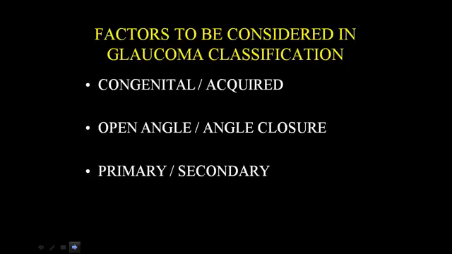And why is it important to detect glaucoma at an early stage? Because the vision loss in glaucoma is irreversible. So the process of vision loss should be halted with medical or surgical management at an early stage to prevent permanent loss of vision and for the prevention of blindness.